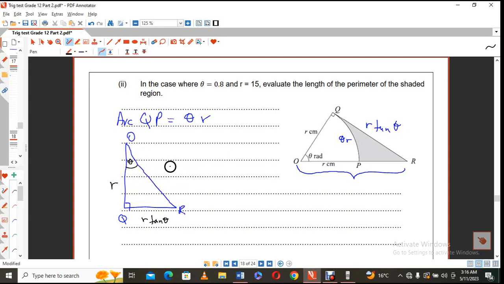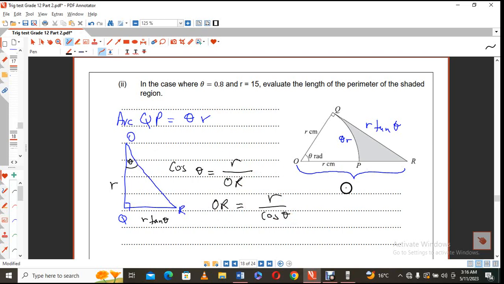I'm going to use the sine of theta, which is opposite, or let's rather use the cosine. The cosine of theta is r divided by the hypotenuse, which is the OR that we are looking for. That implies that OR will equal r divided by cos theta.